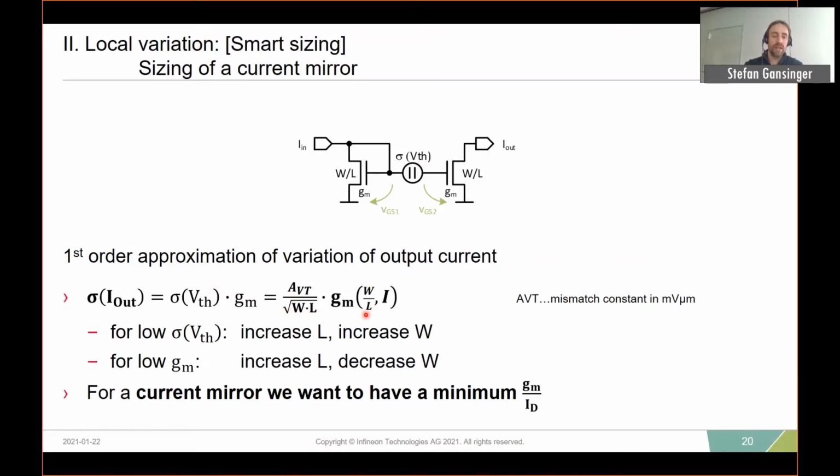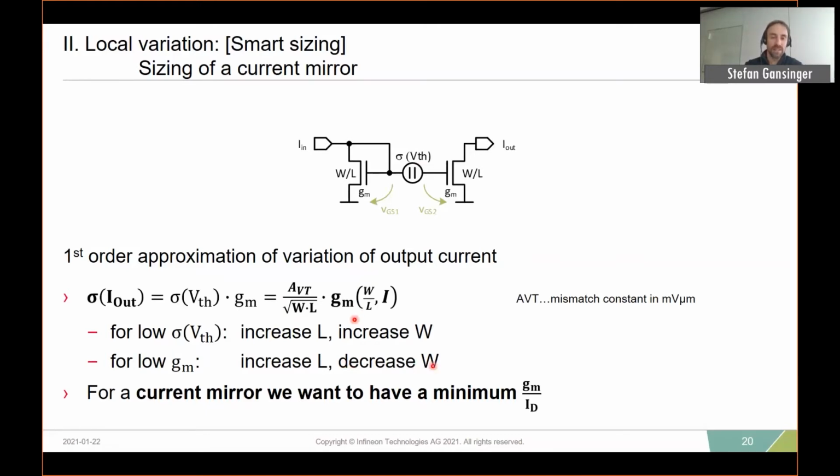So to have a small variation of the output current, of course, we want to increase the length and the width to reduce the sigma of the threshold variation. But when we look at the Gm, we want to increase L because we want to have a small Gm, but decrease the width to not increase Gm, because large Gm means large variation.